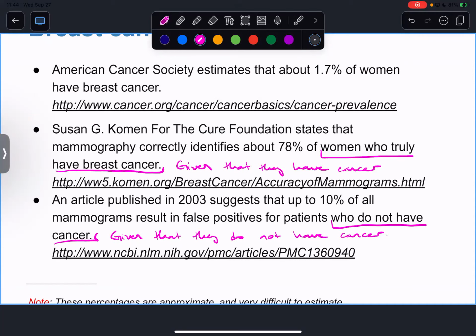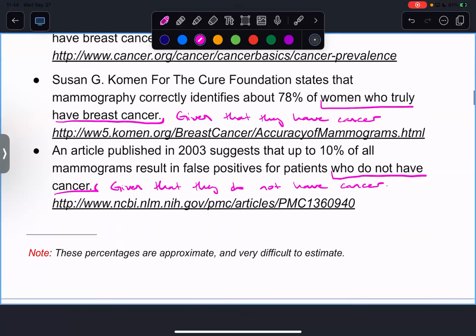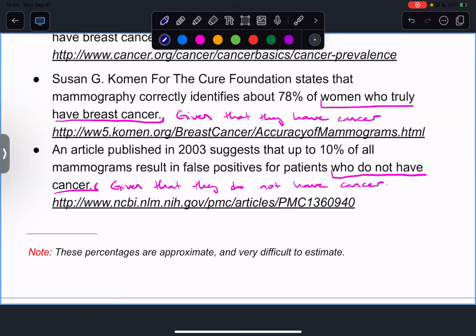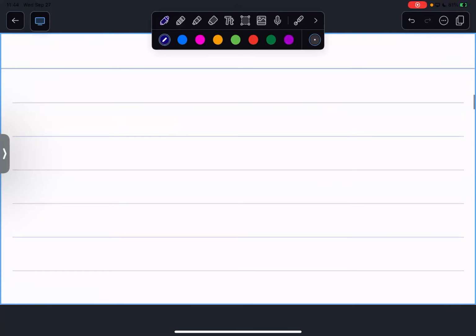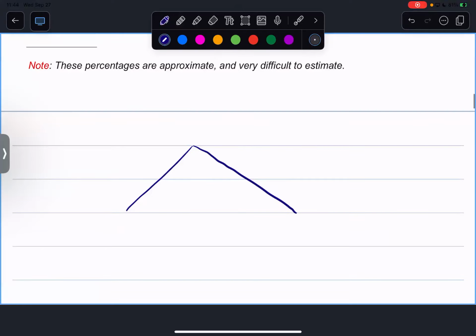What's nice on the test is the first part of the question will say, make a tree diagram to show these probabilities, and that's going to obviously nudge you in the right direction. So part A, I guess: make a tree diagram showing these probabilities.